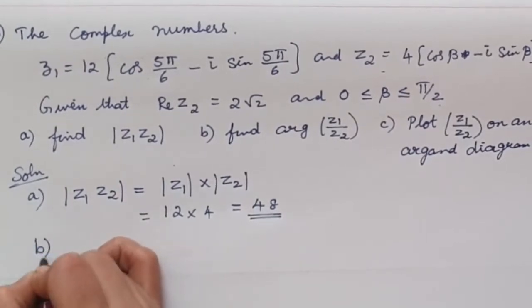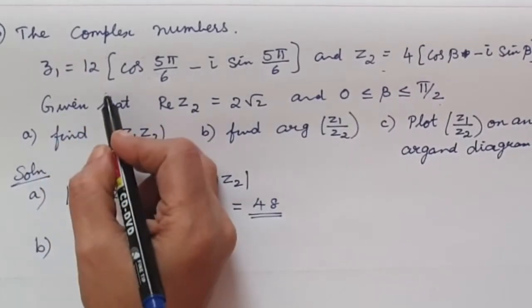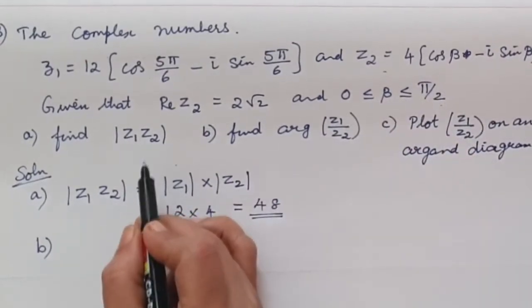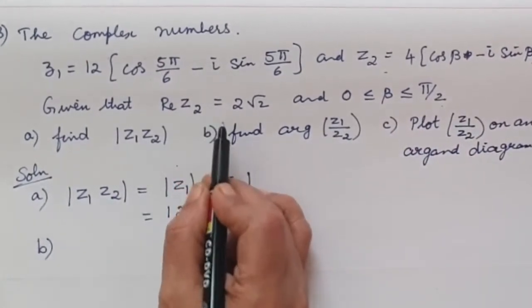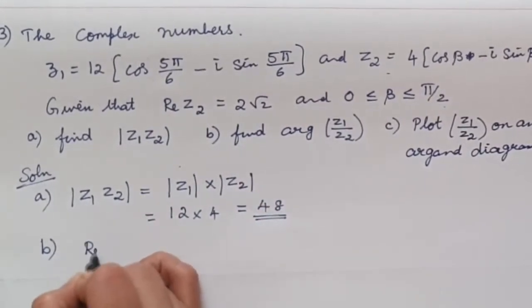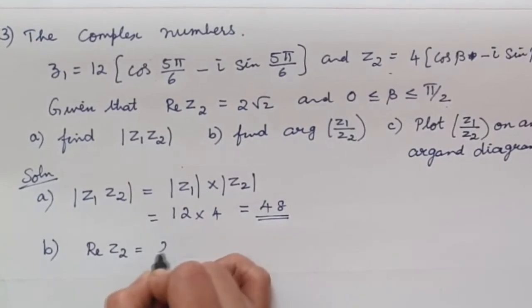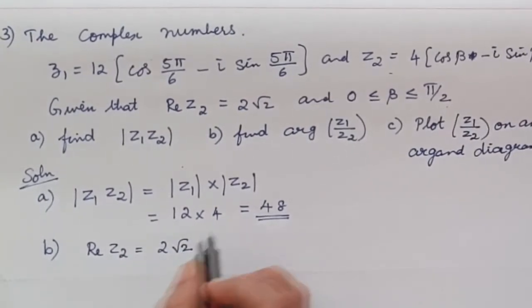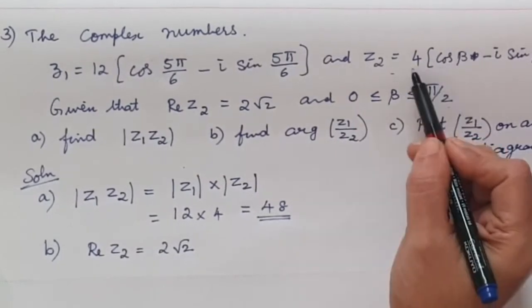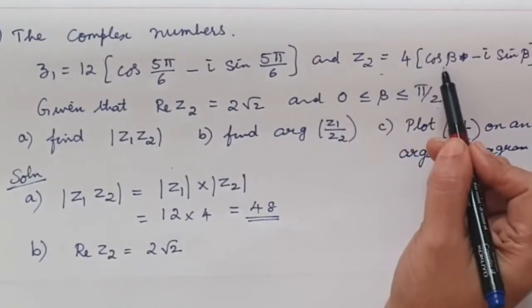Then for the B part, z1 is given as this one and z2 is given as this. Now we need to find beta, and the real part of z2 is 2 root 2. That means when we compare this with our z2, the real part of z2 is 4 cos beta.